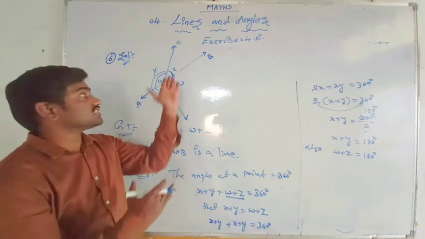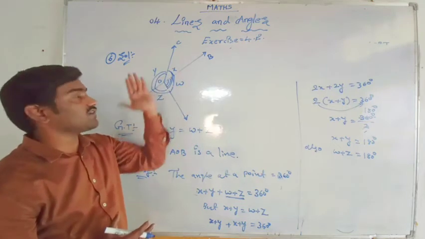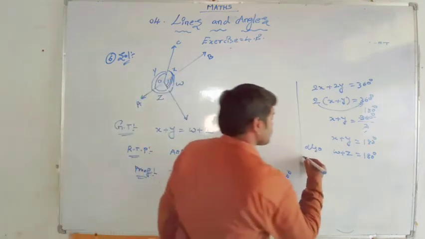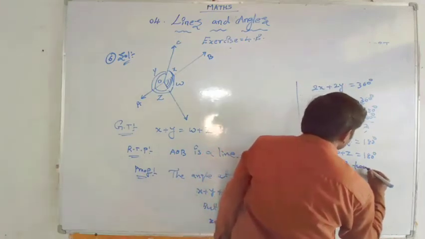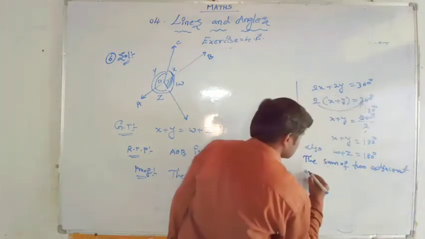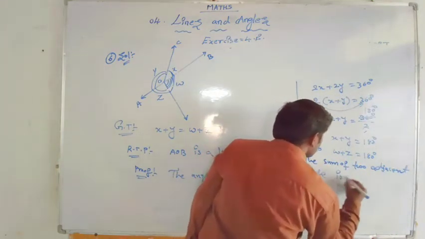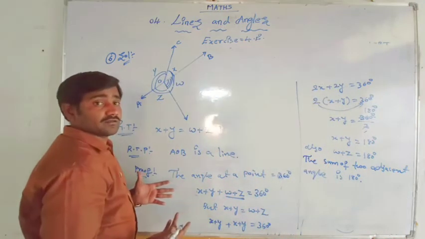The sum of the two adjacent angles gives us 180 degrees. Hence they form a straight line.